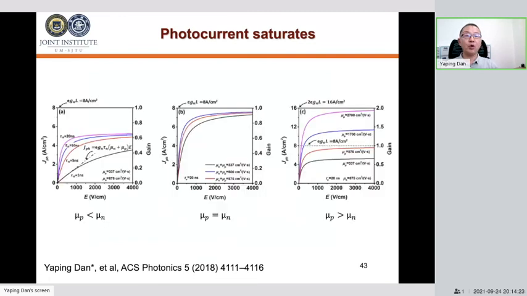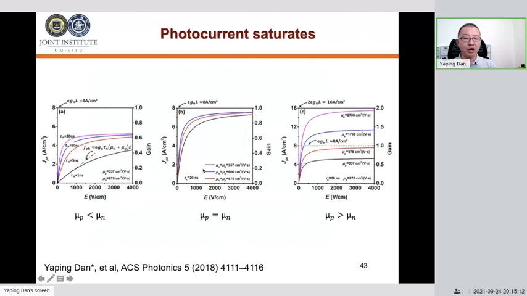Now we also calculate the actual photo current and the gain. We find that the gain is indeed not larger than 1 when, for example, the mobility of the holes, which are the majority carrier, is smaller than that of the electrons. In that case, the gain will never be higher than 1.